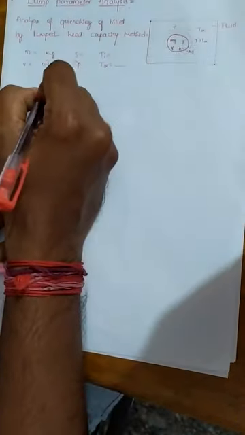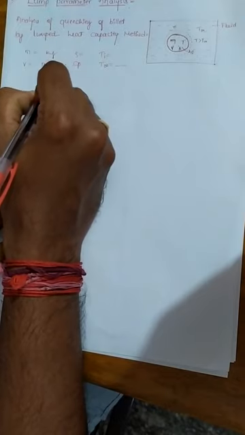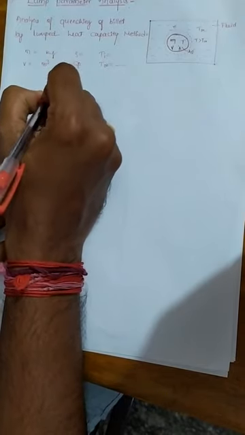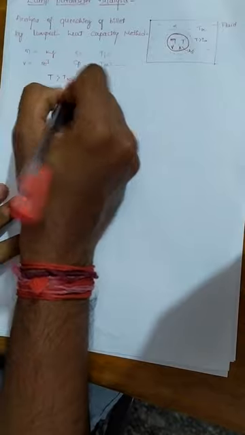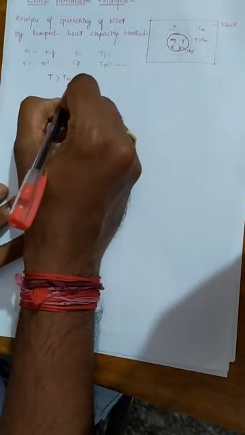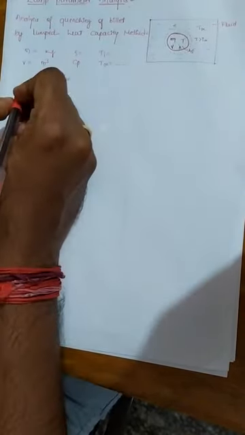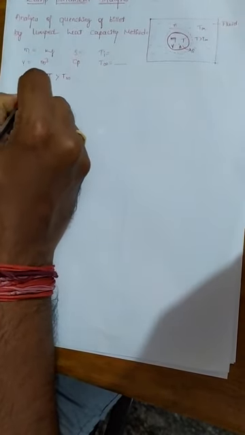We know that the billet temperature T is greater than the surrounding temperature, right? So we are applying the energy balance equation.